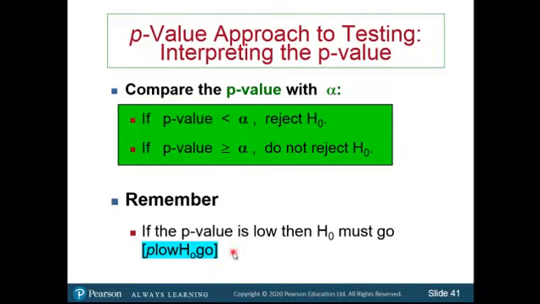So the easiest way to memorize the p-value rule is to remember P low, Ho go. When P is lower than alpha, null must go. Null must be rejected.